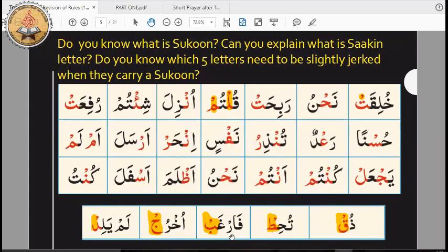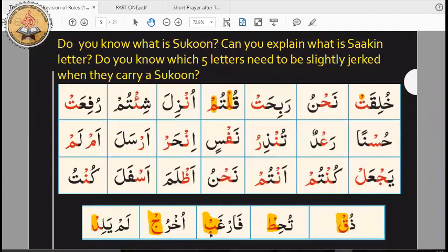Farhaba. Okay, so first bit is this one, okay? So over here, I'm joining the fa to the ra. So I would read this as far. Far. Excellent. Okay, so simply joining the fa to the ra, far. Now the next bit is joining the ghain to the ba.